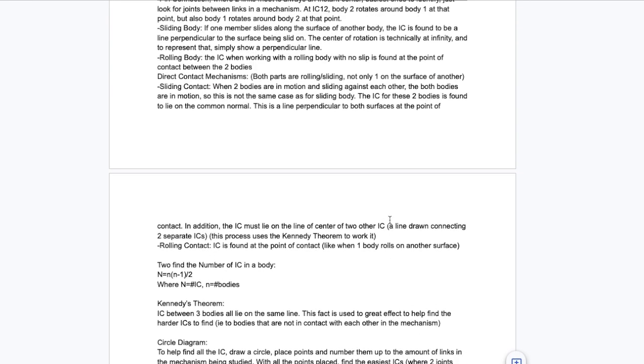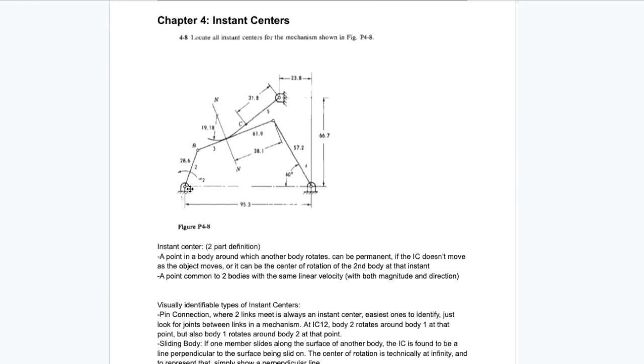So let's say when we look at this example, you realize that link 1, which is the ground, does not have any points of contact with link 3. Now, how are you going to find the instance center? You have to find a path on the circle. It will be more clear when we do the example.